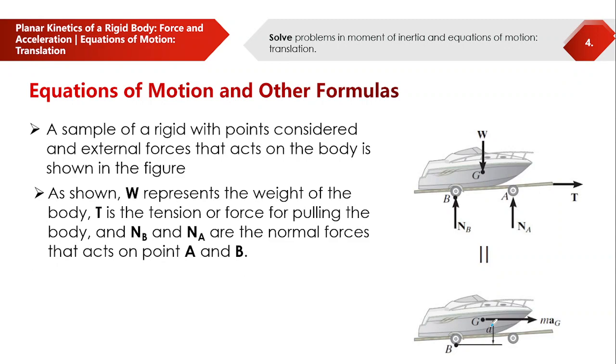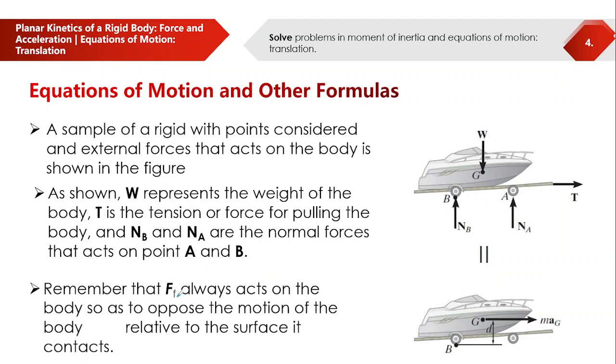As shown, W represents the weight of the body, T is the tension or the force pulling the body, and N sub B and N sub A are the normal forces that act at points A and B. Okay, so remember that the friction force always acts on the body so as to oppose the motion of the body relative to the surface it contacts.